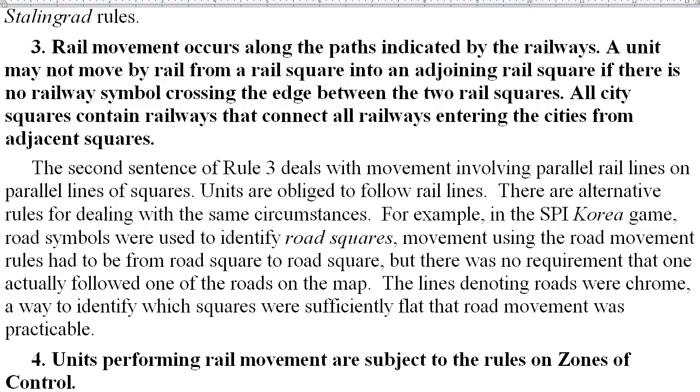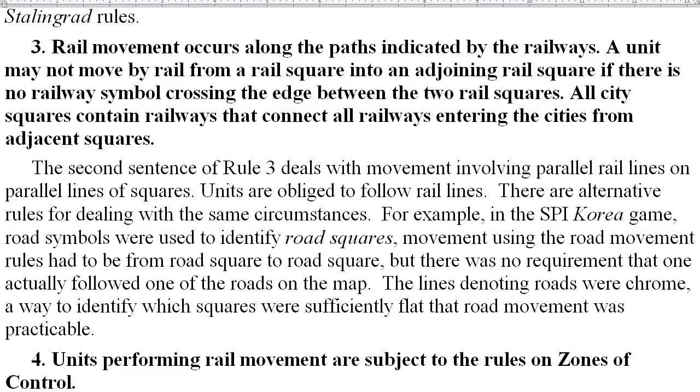You don't have to have done things this way. The rule could indicate you just move from rail square to rail square. Presumptively, the rail square indicates symbolically that there's a complex of railroads available, and only a few of them have been actually indicated on the map.